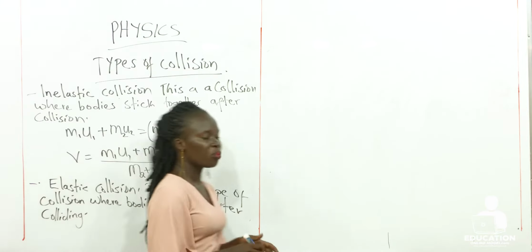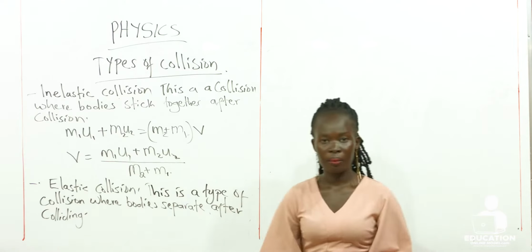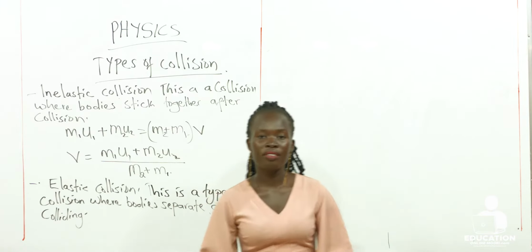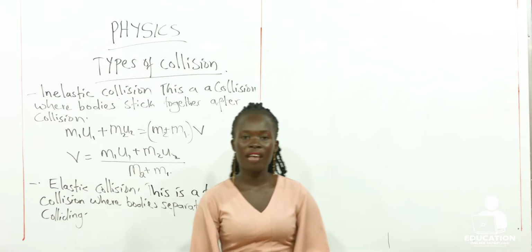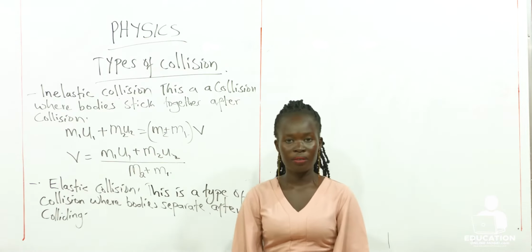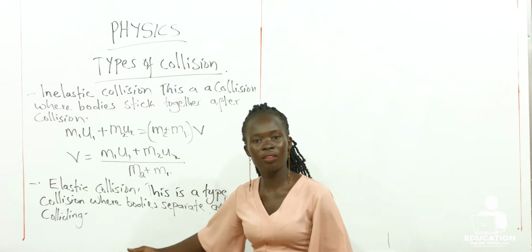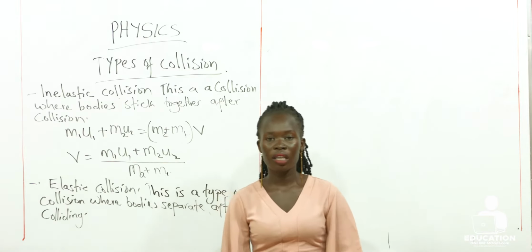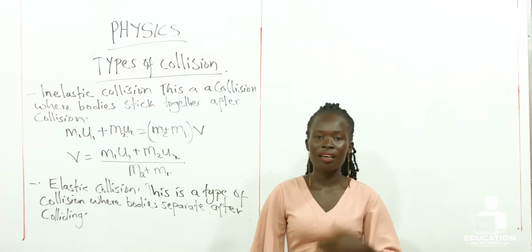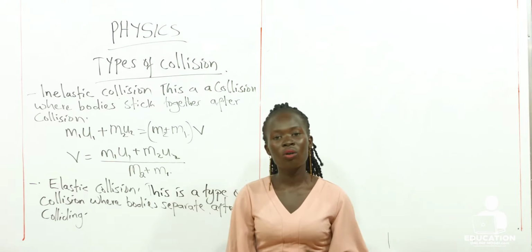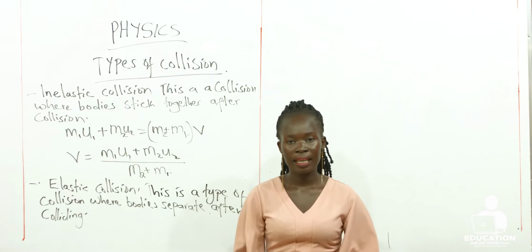If these two bodies separate after crashing into each other, they will still conserve momentum. So the principle of conservation of momentum will still apply to elastic collision. You'll see also that there is what is known as the kinetic energy, so they also conserve that kinetic energy.